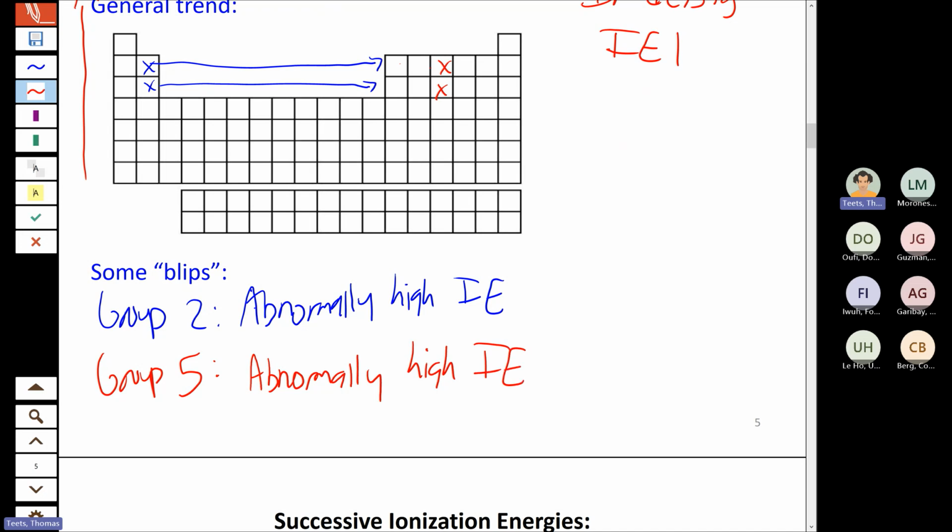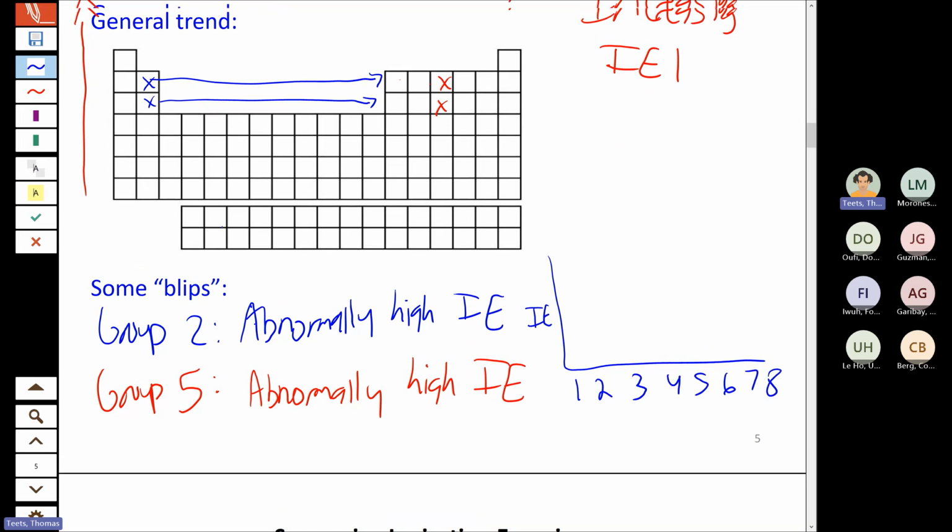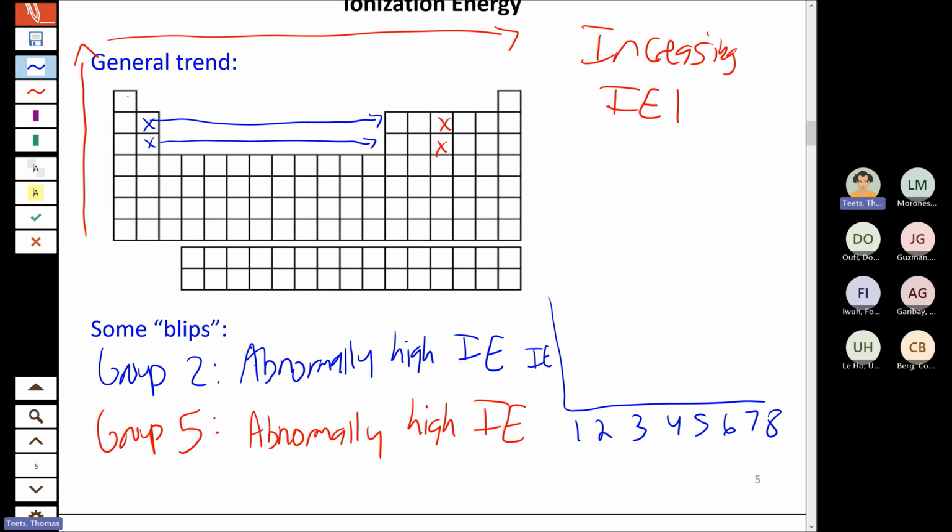So maybe the easy way to understand this is if we draw a plot here, this is all very qualitative, but if we have ionization energy on the y-axis and then group number here, 1, 2, 3, 4, 5, 6, 7, 8. So the columns of the periodic table are numbered, where the s and p blocks are going to be 1 through 8.